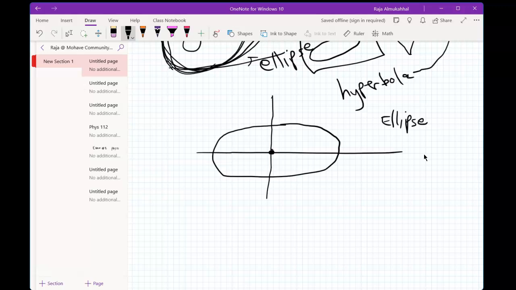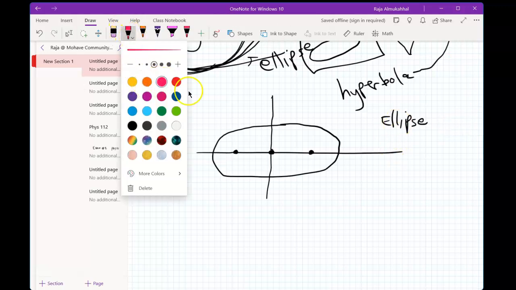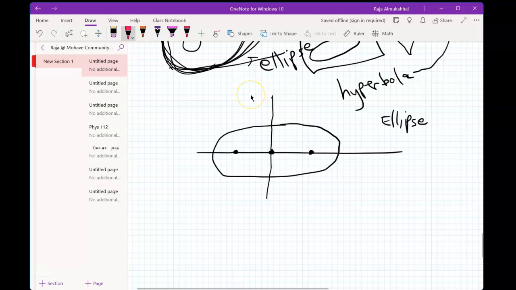And there are also two points on the ellipse. Each of them is called a focus. So this is the center of the ellipse, which is right at the origin of the coordinate system X and Y. You see what I'm saying?